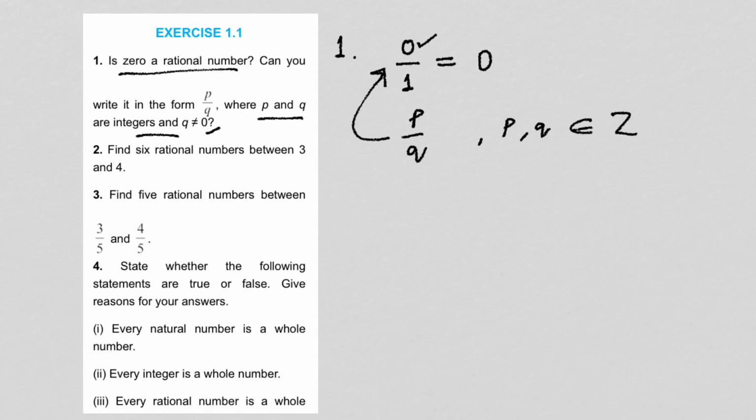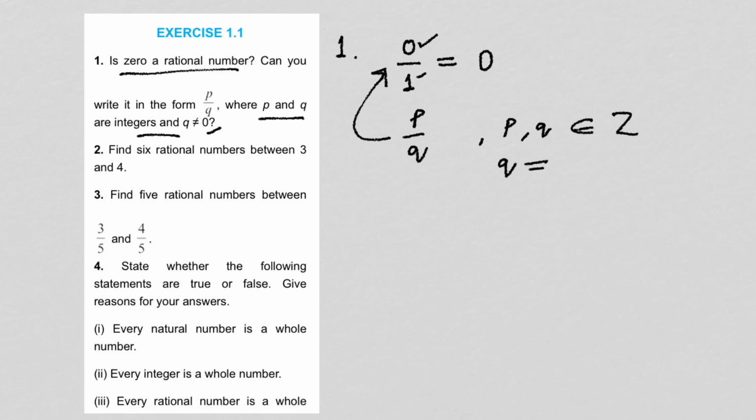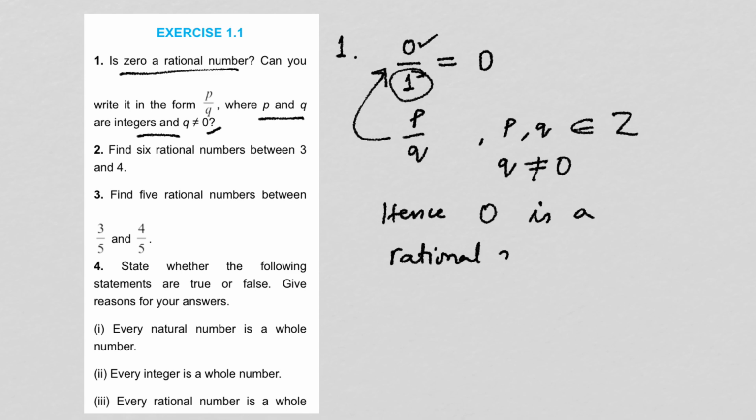Because 0 is an integer, 1 is an integer. And the condition says that Q should not be equal to 0, and we can see Q is not 0, it is 1. So hence 0 is a rational number.